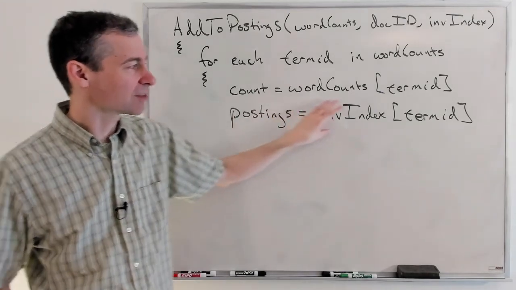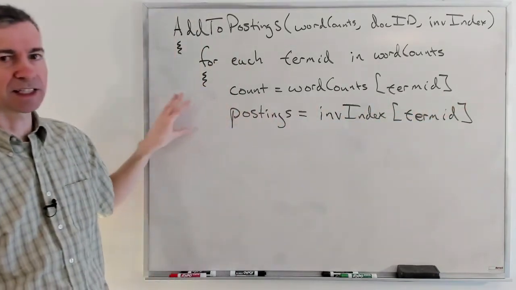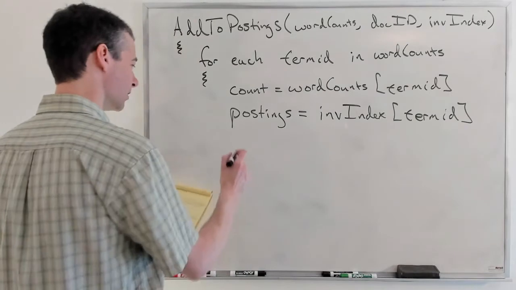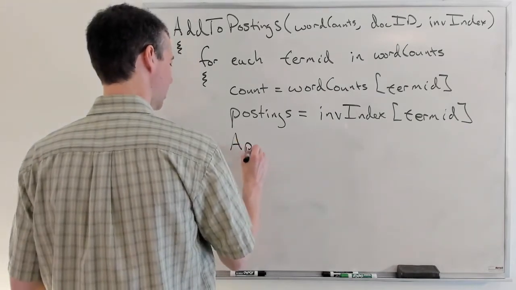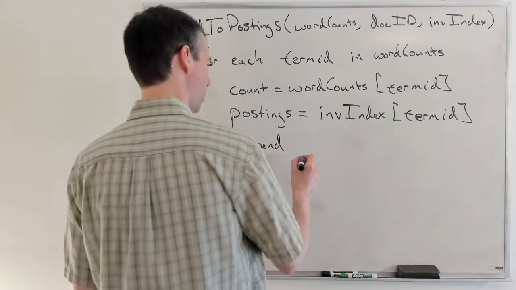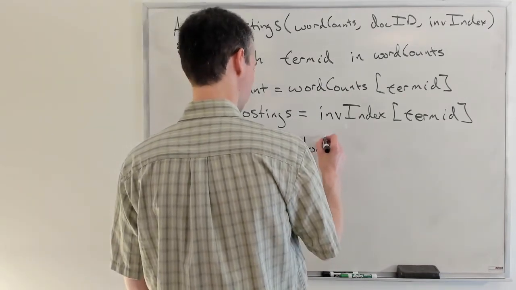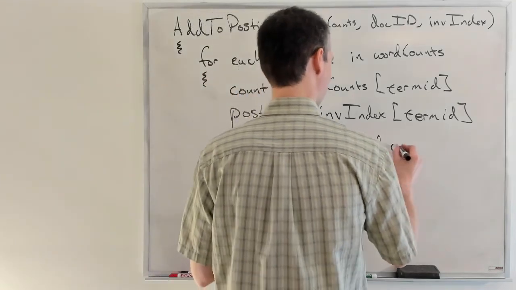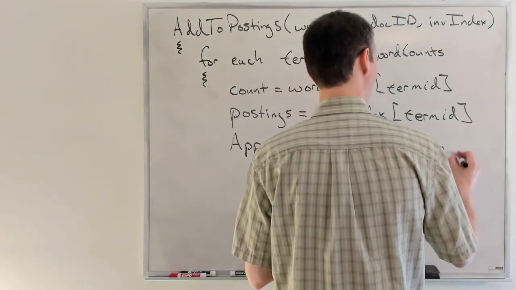So I'm leaving out some logic in this line here. I'm simplifying it. Obviously, I got a little lazy here at the end with the idea that you should be able to figure this out. And then here I really go pseudocode lazy, and we append doc ID and count to postings.